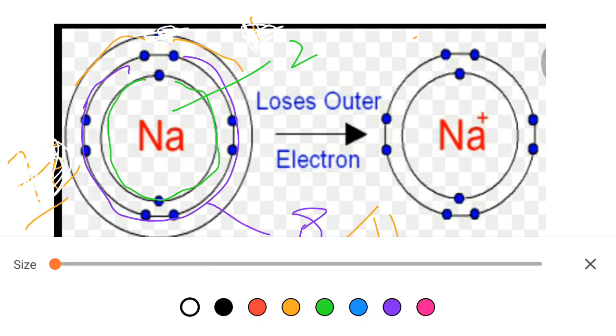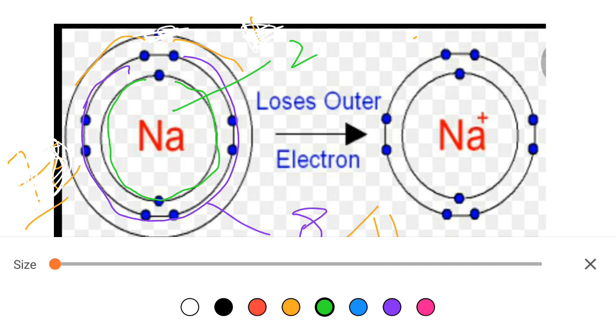Now what happened, you can see here that the outer shell is removed. There is no electron in the outer shell, and it becomes stable. How? Because it contains 8 electrons in the outermost. So to gain stability, the outermost orbit must contain 8 electrons.